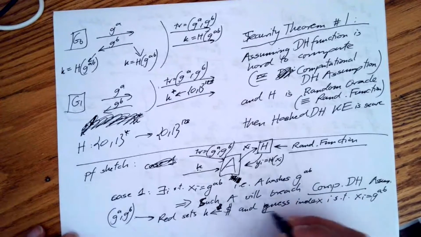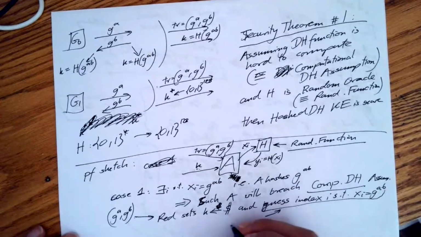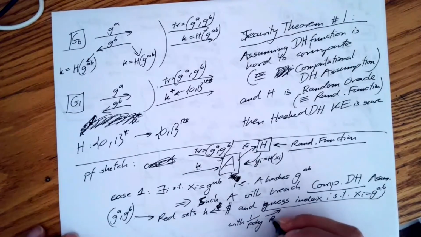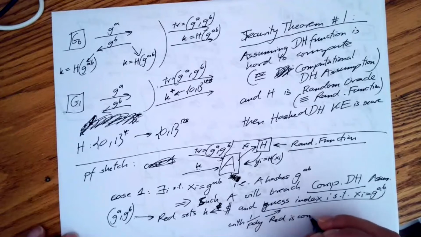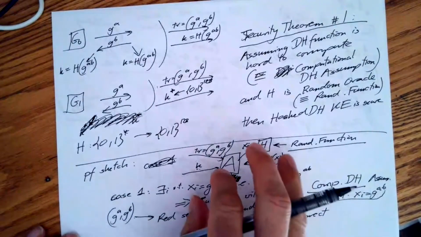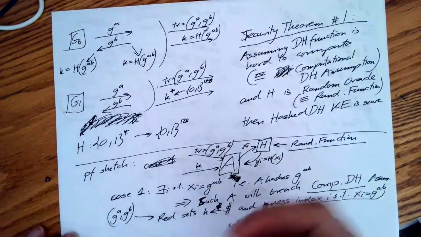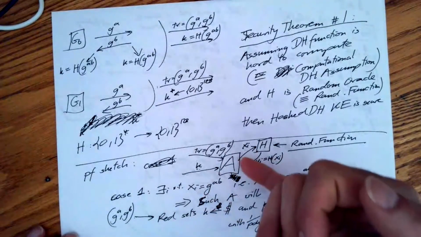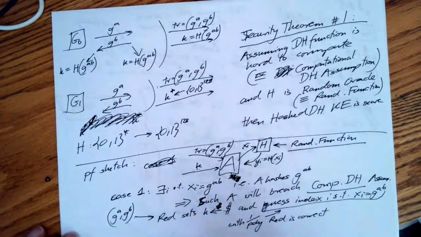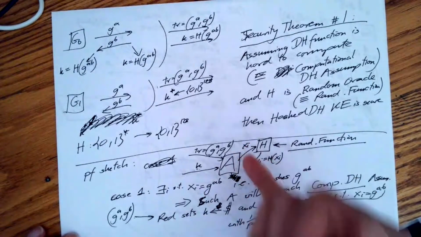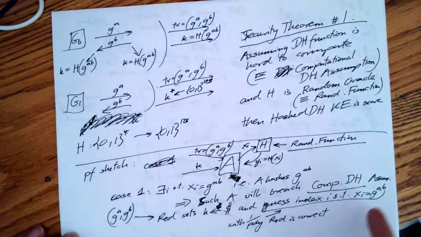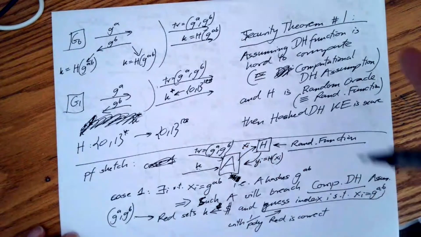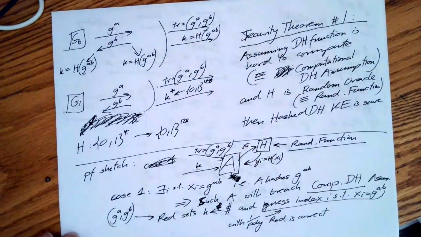But it doesn't matter because with 1 over polynomial probability, the reduction is correct. So if this attacker has a certain non-negligible probability of getting to this event, then with probability 1 over some polynomial, which is however many things are being queried here, the reduction will output g to the ab and therefore break the Diffie-Hellman assumption.